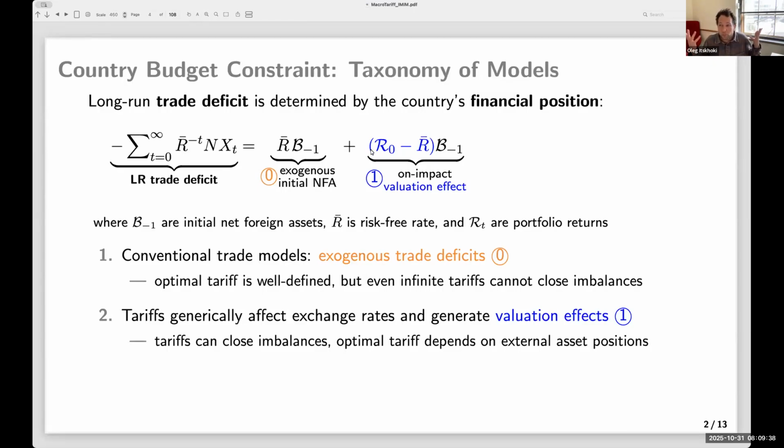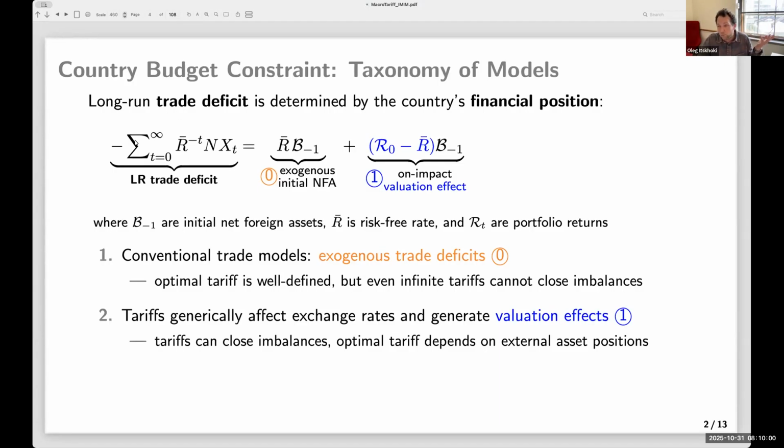So you can move multiple asset prices, but one that will almost certainly move with the tariff is the exchange rate. And the exchange rate results in valuation effects on, for example, debt denominated in different currencies. So as soon as you allow for that, you will have a valuation effect here. So the right-hand side changes, and so there's going to be a change in the left-hand side.